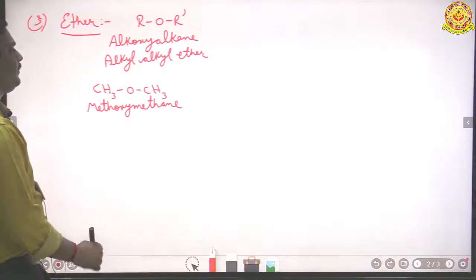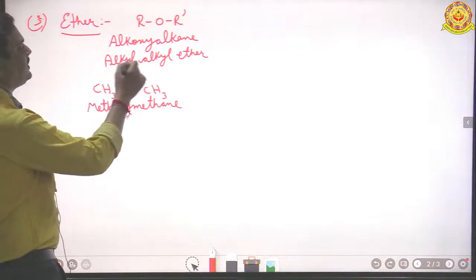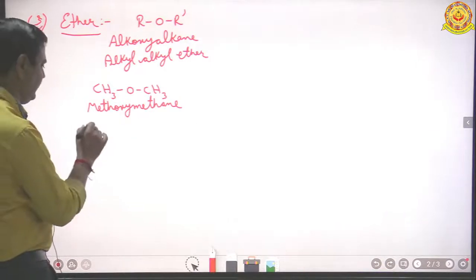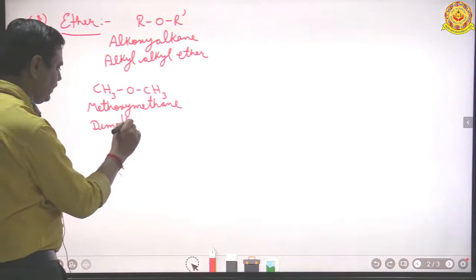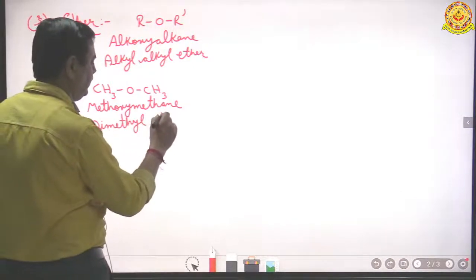Methoxymethane. In the common system, if both alkyl groups are the same, then we will not write separately, we will write dialkyl, meaning here dimethyl ether.